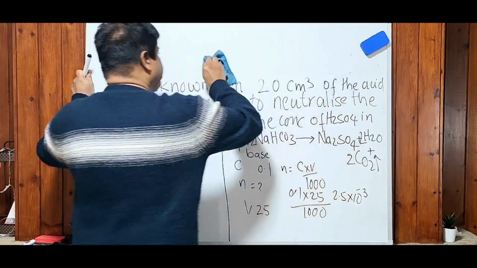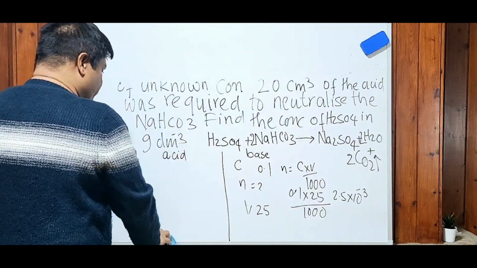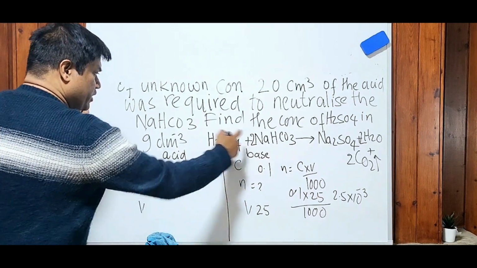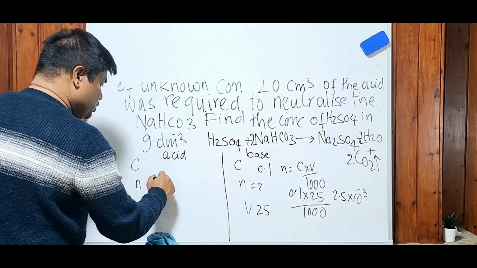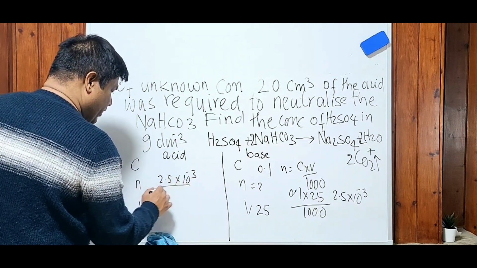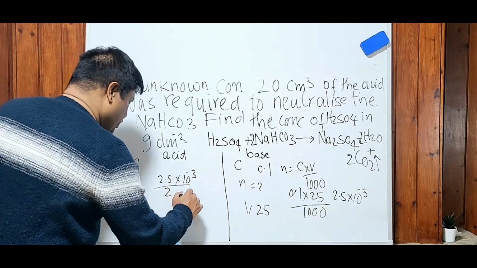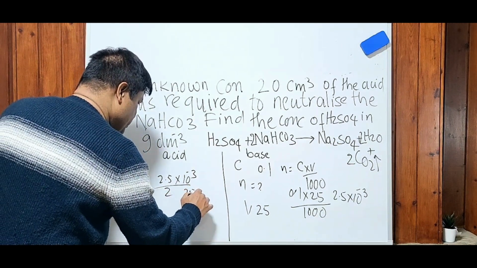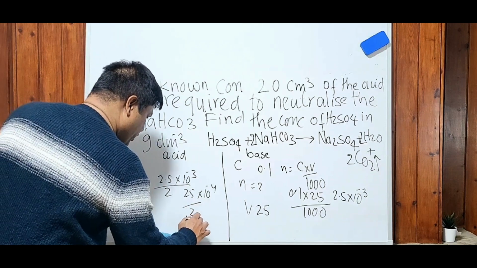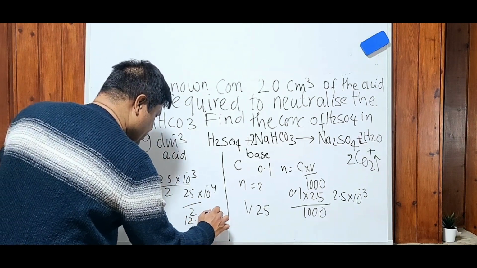Look at here, the mole of the sulfuric acid. 1:2. So 2.5 into 10 to the power of minus 3 divided by 2, or 25 into 10 to the power of minus 4 divided by 2, which is 12.5 into 10 to the power of minus 4.